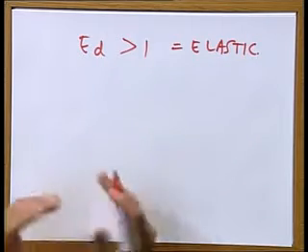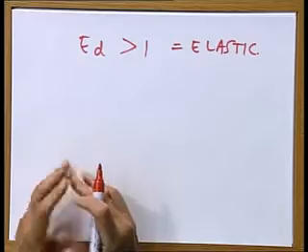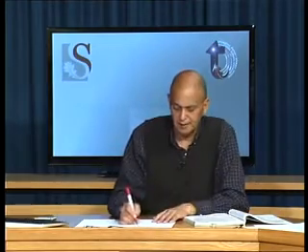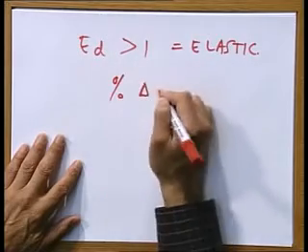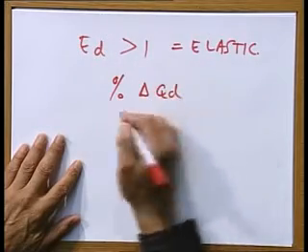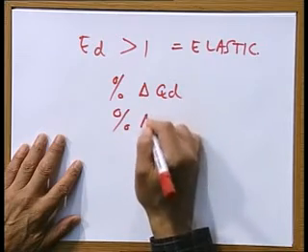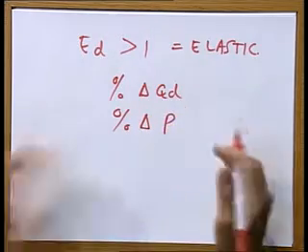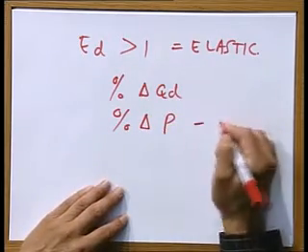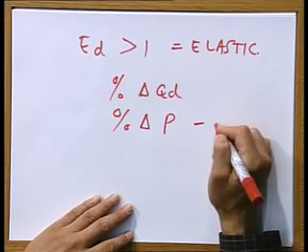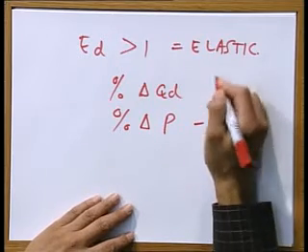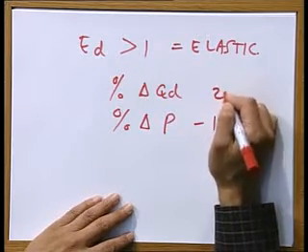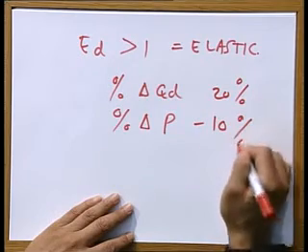Okay? So what do we mean by elastic? We simply mean, let's look at practical examples. Then look at the percentage change in the quantity demanded versus the percentage change in the price. We will say if the price changed by, say, 10%, the percentage change in the quantity demanded will be 20%.